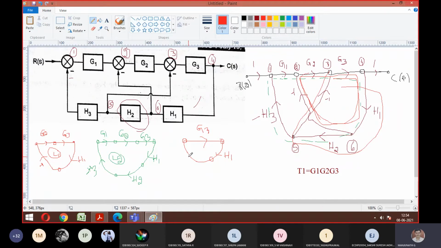And here I have one more node, H2. So this is why I told there is no unique diagram for the signal flow. You can plot however you want. This is H2 and ending back at -1. This is how loop 3 looks, guys. Is it okay? Yes, sir. Good.